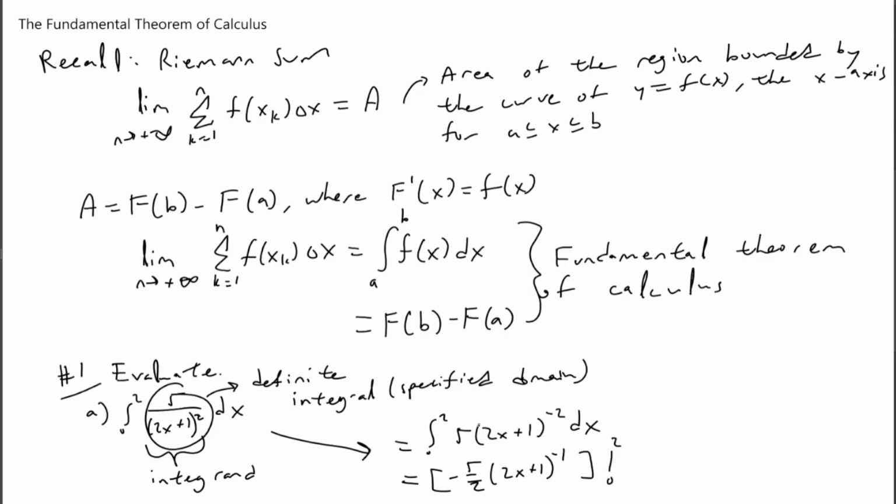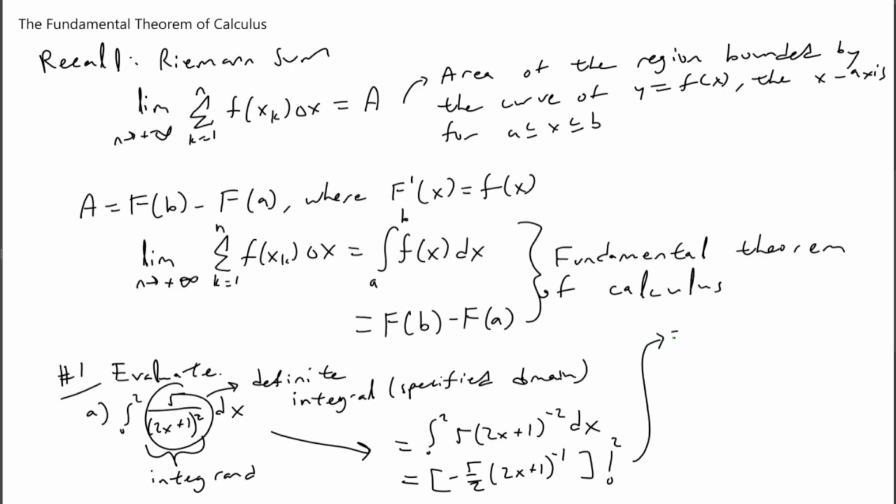This is a different notation. Whereas in this form, we have the integral sign from 0 to 2, and this is what is being integrated, the integrand. Now we have successfully integrated the function by bringing this down to the denominator, as you see over here, and we added 1 to the degree. And we put that in square brackets and add this notation here to indicate that it is on the interval of 0 to 2.